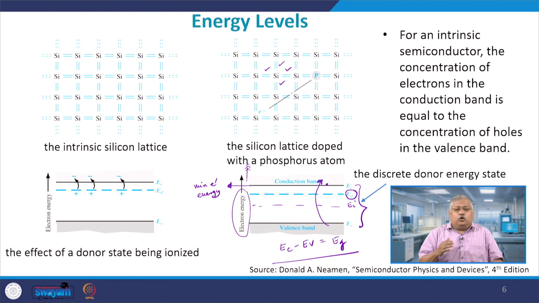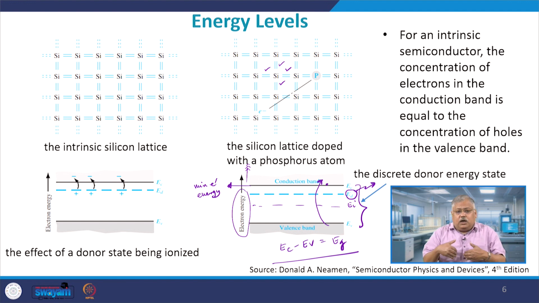You do not have to give an energy equal to Eg, the band gap, in order to shift an electron. You have to give an energy which is maybe 1/10 or 1/15 of that energy, which will be very, very small. So, the phosphorus energy is somewhere lying in this region. This is the discrete level lying in the phosphorus atom. I hope it is clear to you in this case.